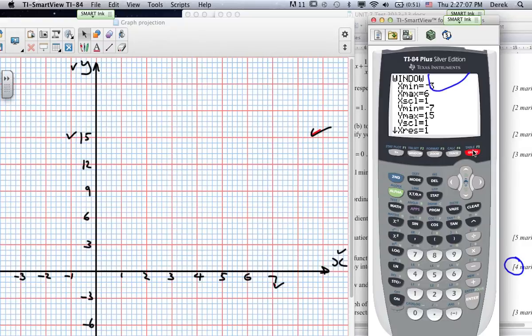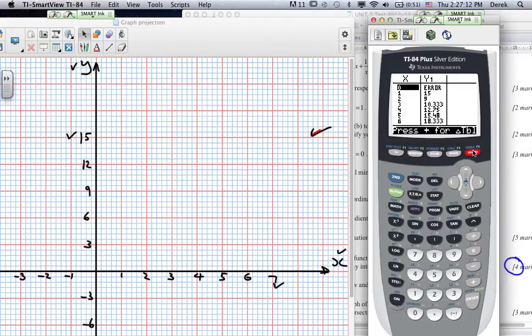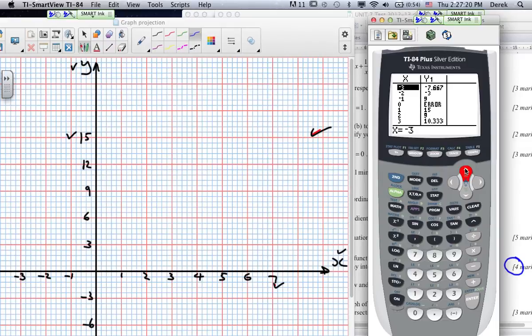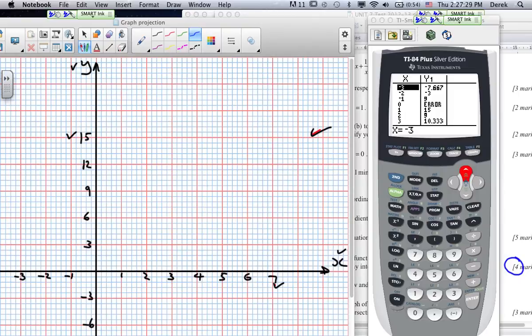At -3 we get about -7.66, so we're down over there somewhere. Then -2 is -3, that's a nice accurate one. And then -1 is at 9.